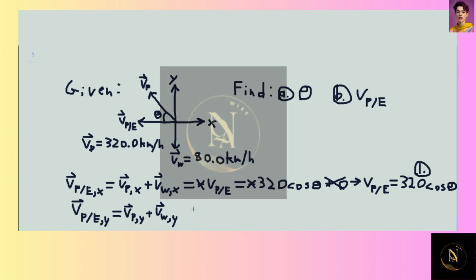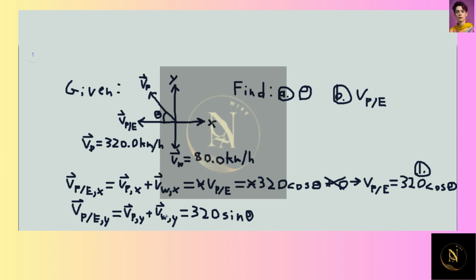Okay, so now let's look at the y component of velocity of the plane. Well, looking at the y component, it's going to be a positive 320 times sine of theta, because if you look at the vector for the velocity of the plane, it's going to be pointing upward, so it's going to be pointing in the positive y direction. So we have positive 320, times sine of theta because it's in the y direction. Okay, so it gives us the velocity of the plane in the y direction.